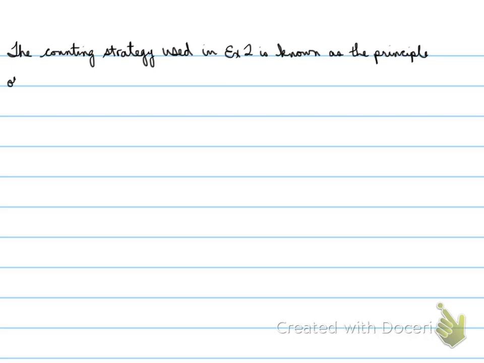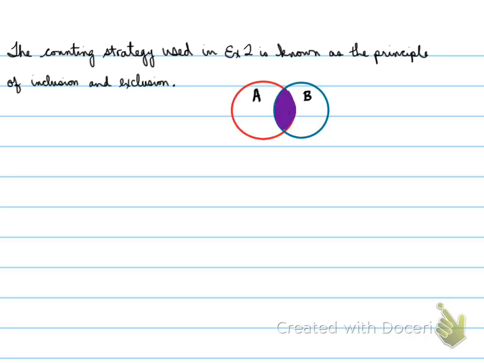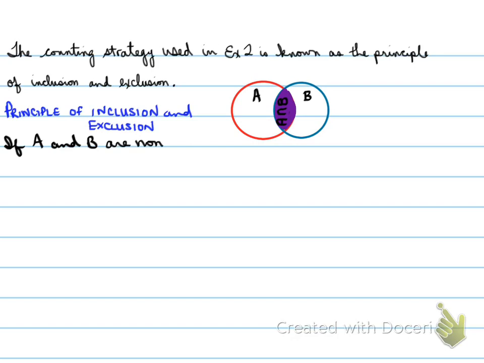All right, next one. The counting strategy used in example 2 is known as the principle of inclusion and exclusion. So we have set A and set B, and then in the middle we have A and B. What does that mean? Well, the principle of inclusion and exclusion is as follows.